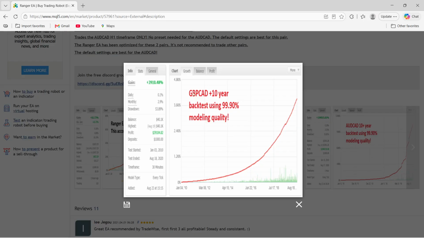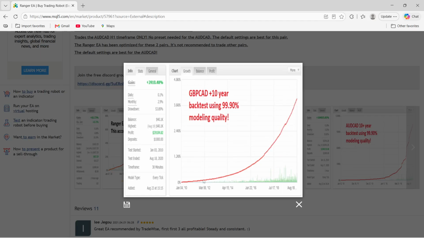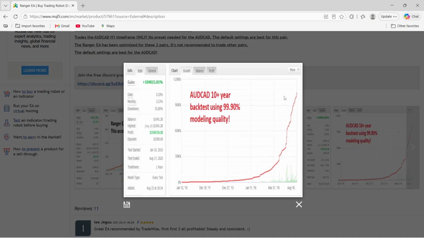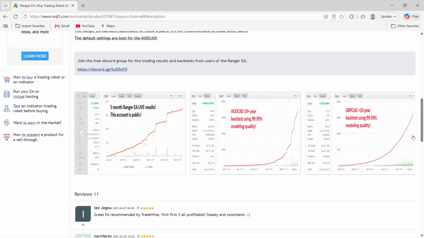And in this other instance, on the GBPCAD, we have a gain of 3,910% and a profit of $39,104. You can see equity curves as well, how they move straight up. Even though it looks like it starts off slowly, over time it shows very decent upside and gains. But let's see if this holds true when I take it through my own personal backtests.